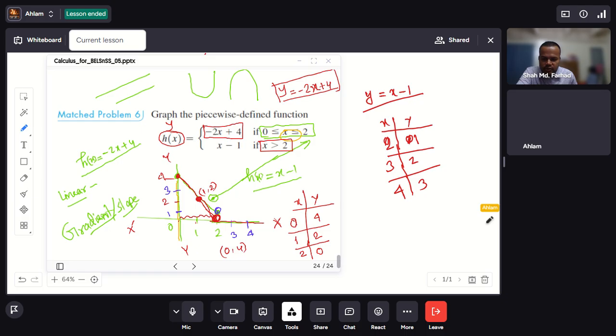That means this point. And then 4, 3. So it will be this point, right? Now, if we add it, then we will have a graph just like this. It will go up to infinity.